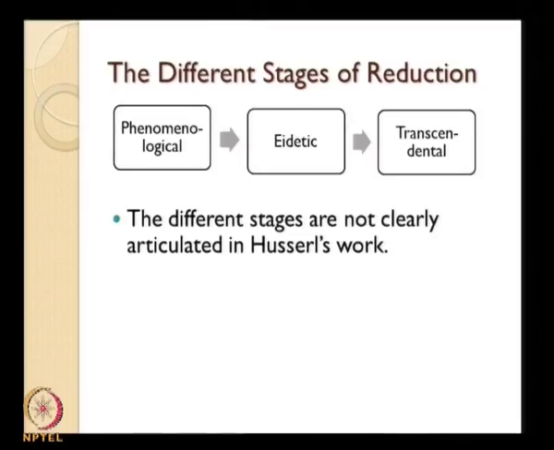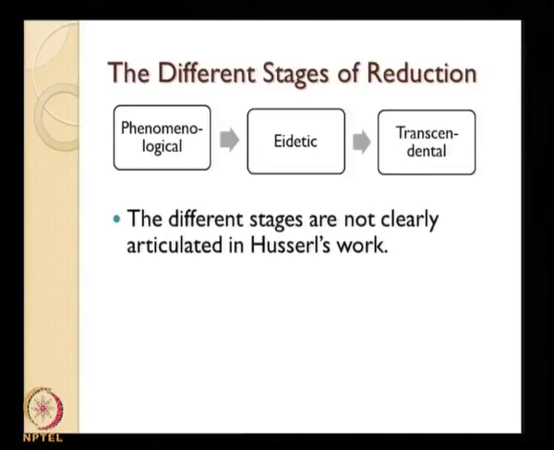In one sense we can say that phenomenological reduction is constitutive of all the 3 stages. They are all important because all of them employ reduction, the process of bracketing. The only difference is that we are going to elucidate the differences between the three. The different stages are not clearly articulated in Husserl's work.